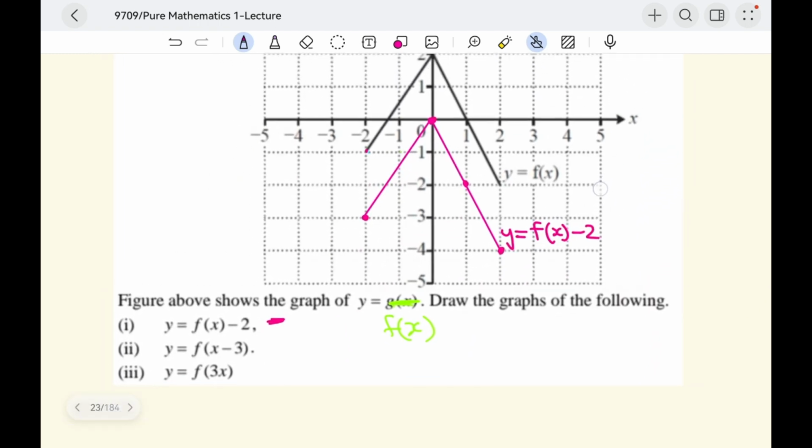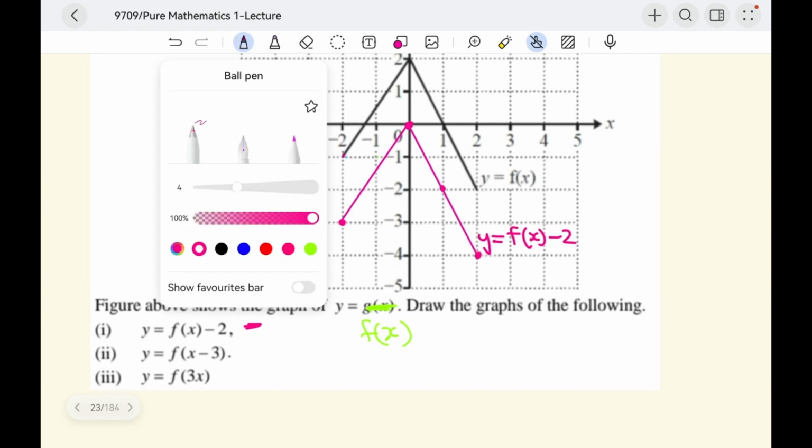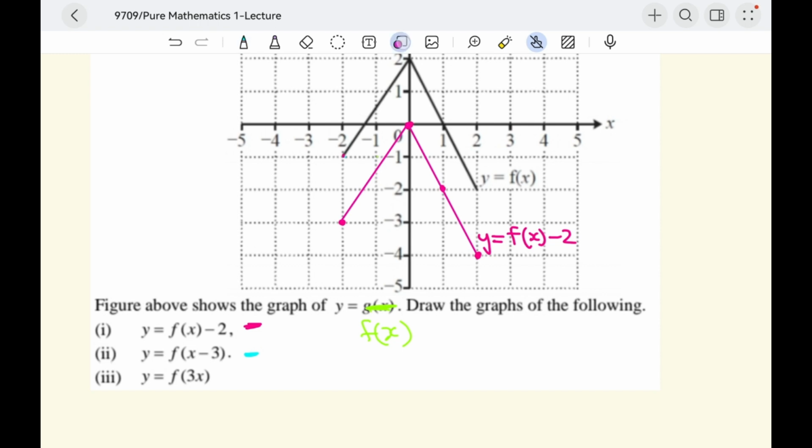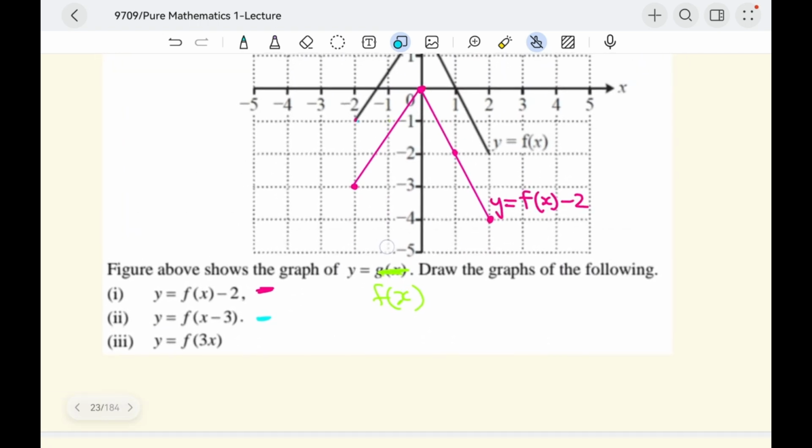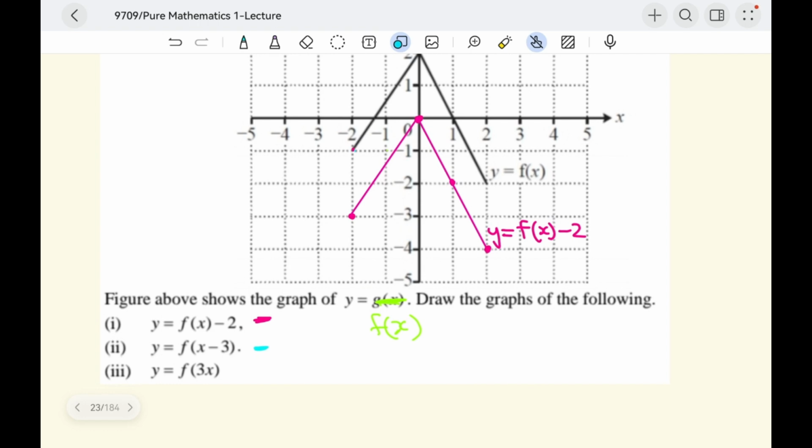Okay, let's move on to the second part. This time I will use the light blue one. For the second part, it wants you to sketch y equals f(x minus 3). So x minus 3 means that each x coordinate moves 3 to the right.